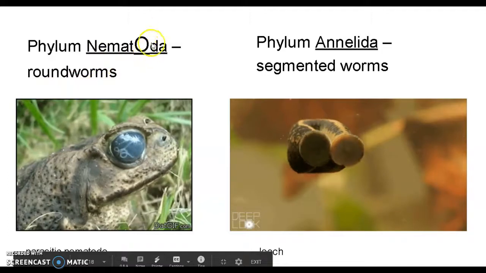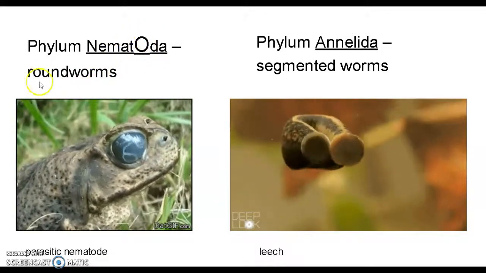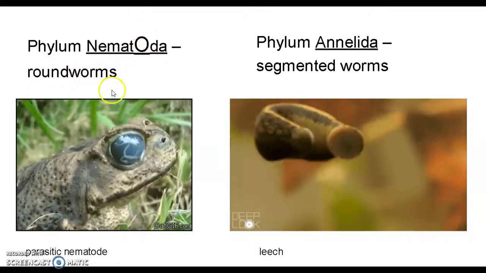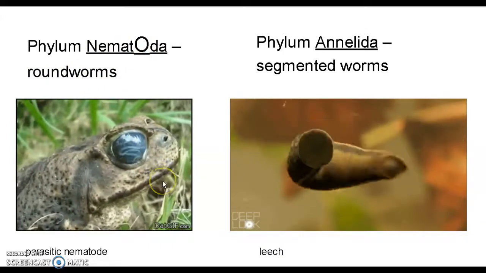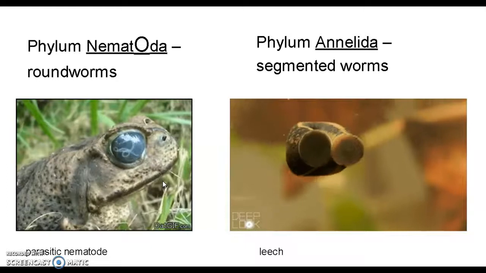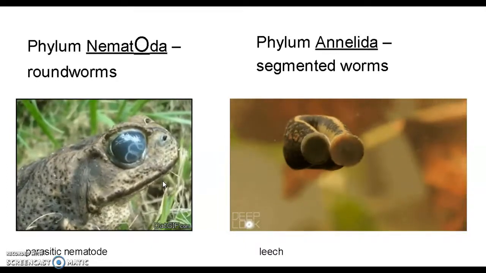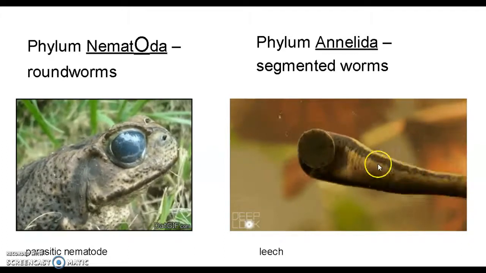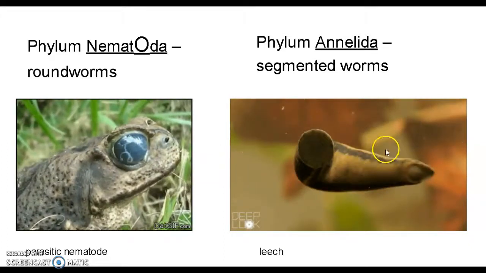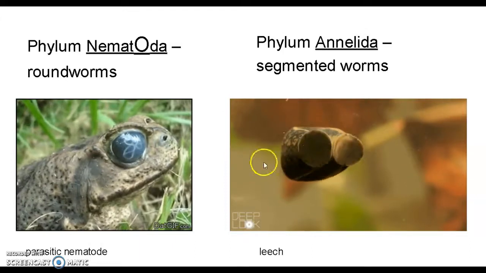How I remember this is the nematode roundworms. The O is round. One example is this parasitic nematode living in the eye of that unfortunate frog. And then we have phylum Annelida, which are segmented worms, such as this leech. As you see him stretch out, you can see all the little segments in his body.